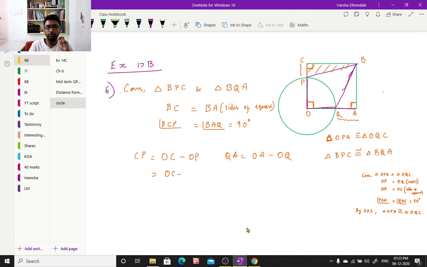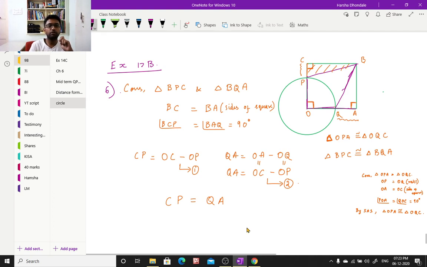QA is equal to OA, which is equal to OC, sides of the square, minus OQ, which is equal to OP, because OQ and OP are the radii of the circle. So I'll call this equation 1 and I'll call this equation 2. From 1 and 2 I have CP is equal to QA.